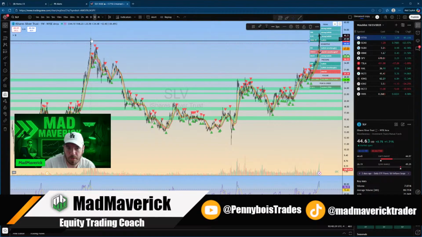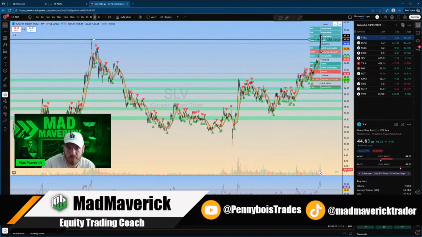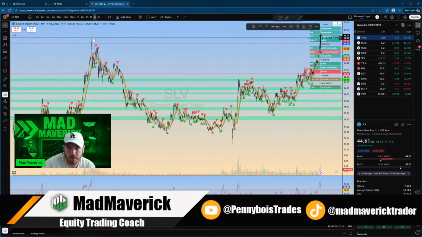Silver peaked up here. This is the silver ETF. Peaked up here in 2011. It was at 48. It came all the way down to 13. And it literally took 14 years for it to get right back to where it was, high.